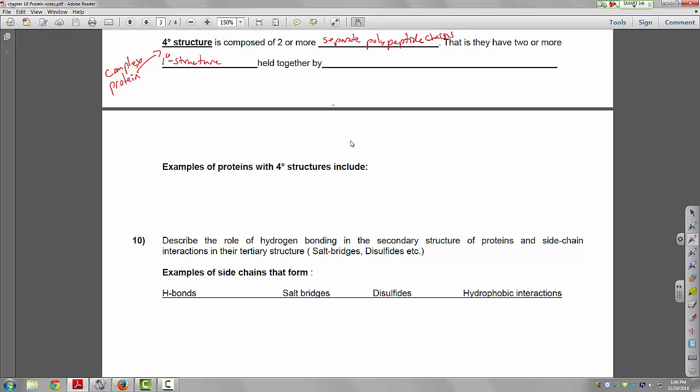So you'd have two N-termini and two C-termini. Each amino acid chain must have its own N-terminus and C-terminus. And these are held together by the same interactions as the tertiary structures, side chain interactions.